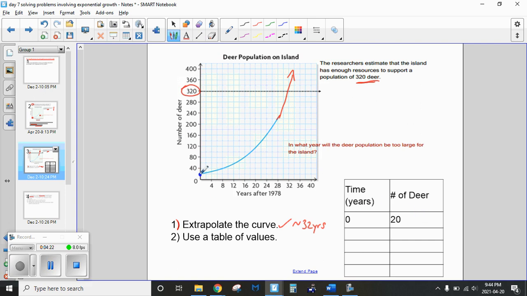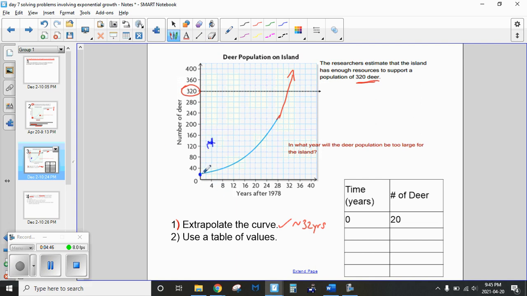And I can start working my way along the graph, saying after 2 years, there was a little bit more than 20. After 4 years, there's a little bit more again, but I don't really know what that amount is. It's 30-ish, but I would be guessing because it's not falling on an intersection of grid lines, like the crosshairs. That would be a nicer point for me to find.